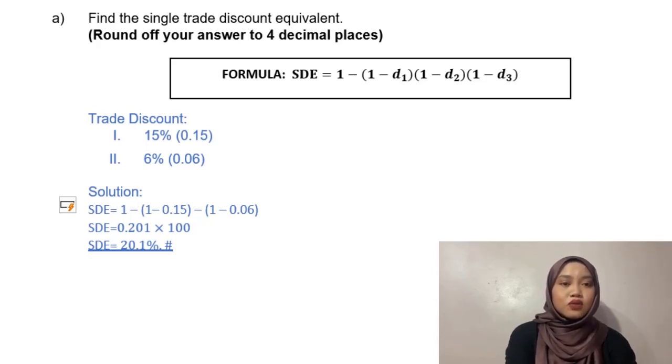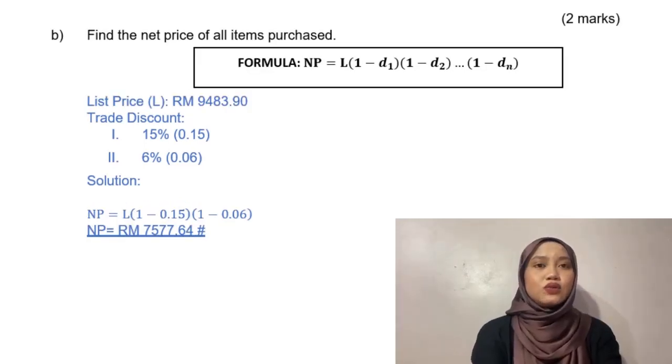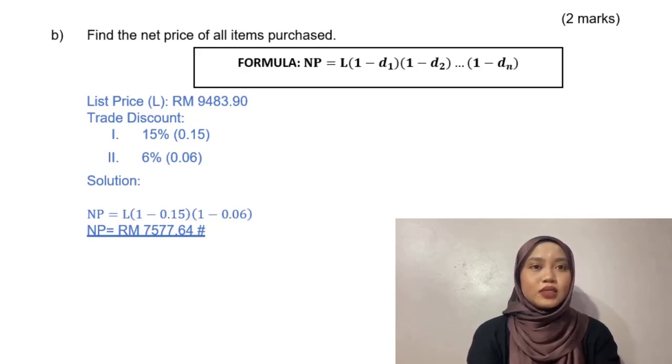SDE is equal to our answer 0.201. To get the 4 decimal places, we need to times our answer with 100. So 0.201 times 100, and our final answer is SDE is equal to 20.1%.